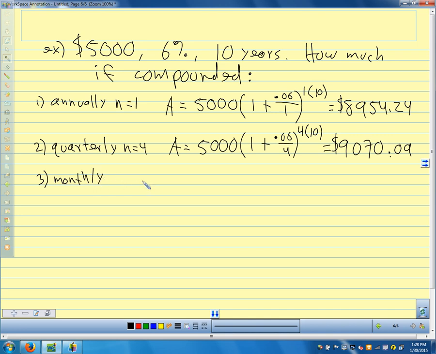Monthly, so N is going to be 12. Compound 12 times per year. And we get a little more money that way. $9,096.98.